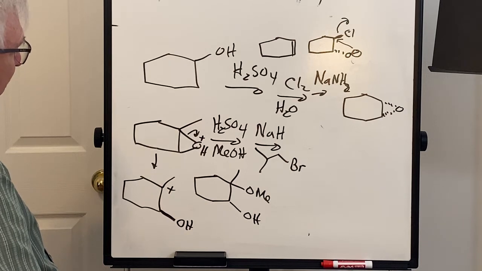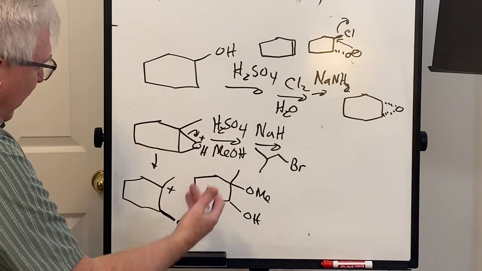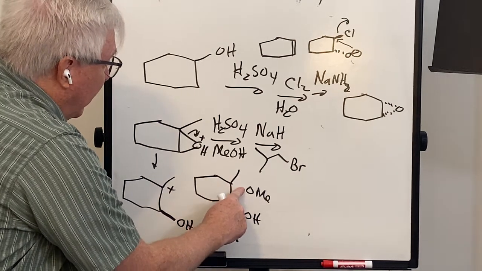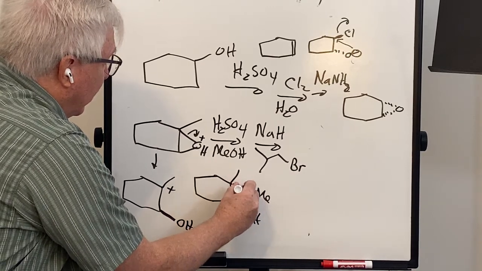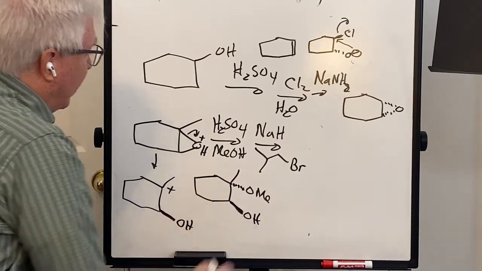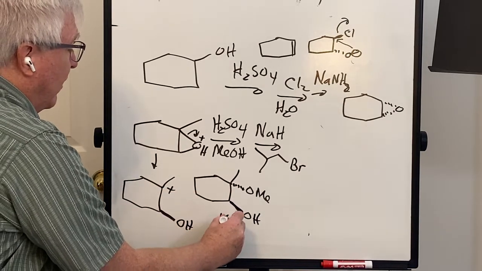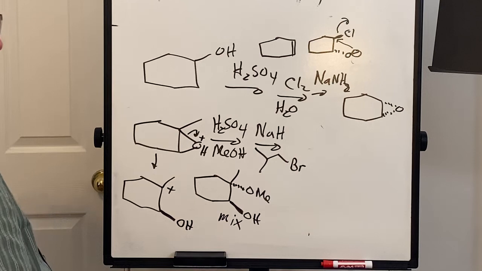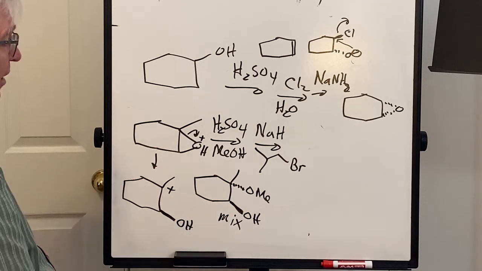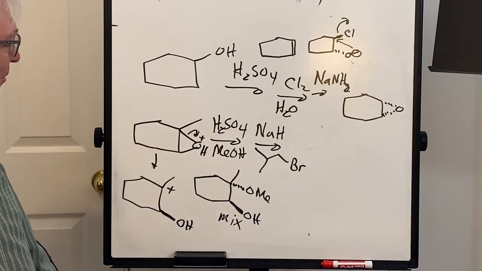It's not really too critical. It probably comes in mostly from the bottom, the trans there, but you should recognize that this is a free carbocation. It's going to give a mix, actually, of diastereomers, cis and trans. And both of them are chiral, they're both racemic, whatever.